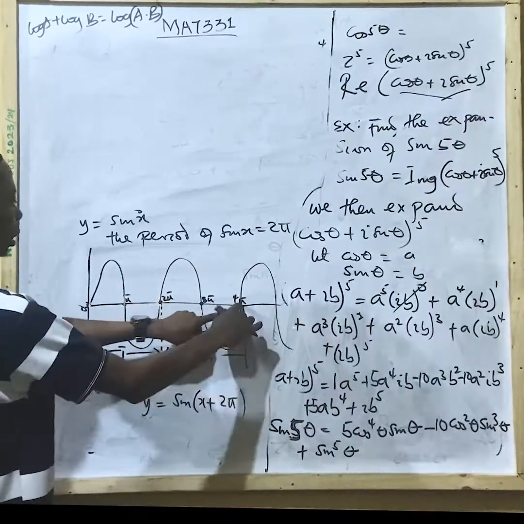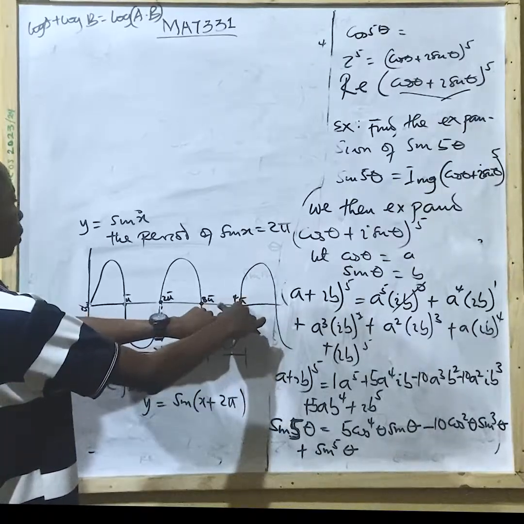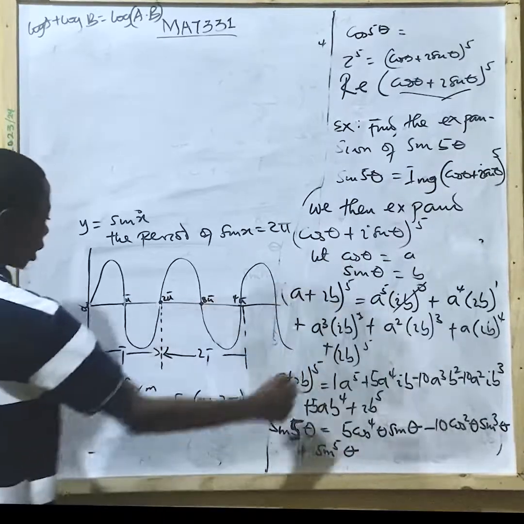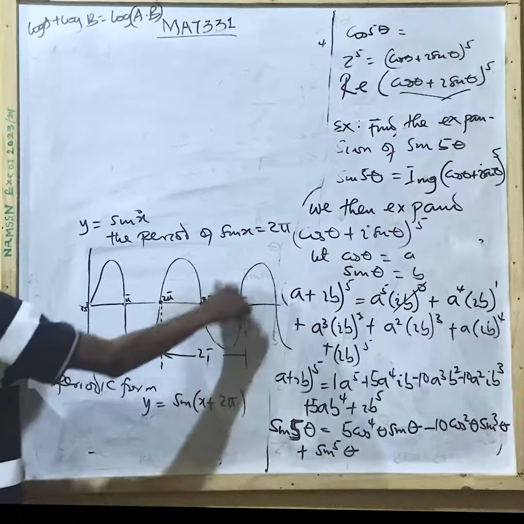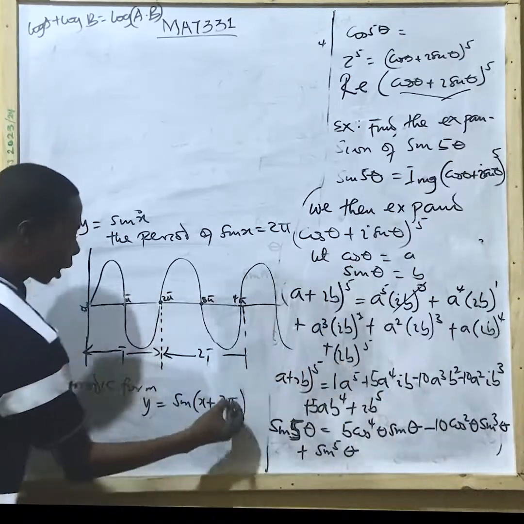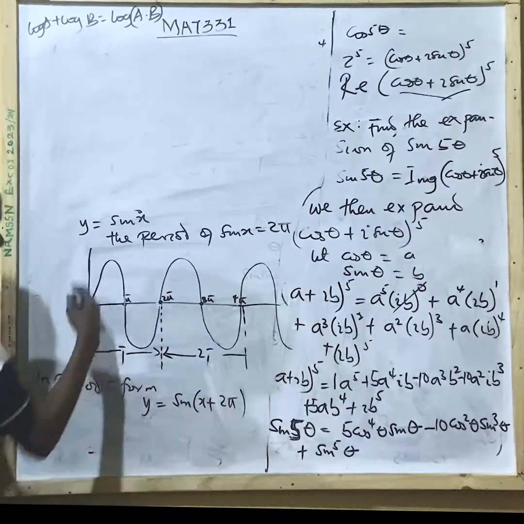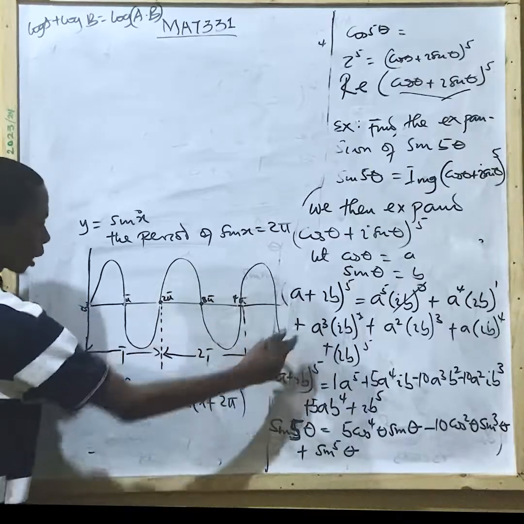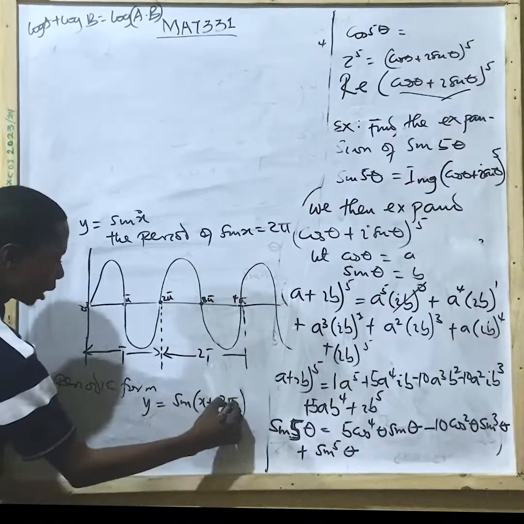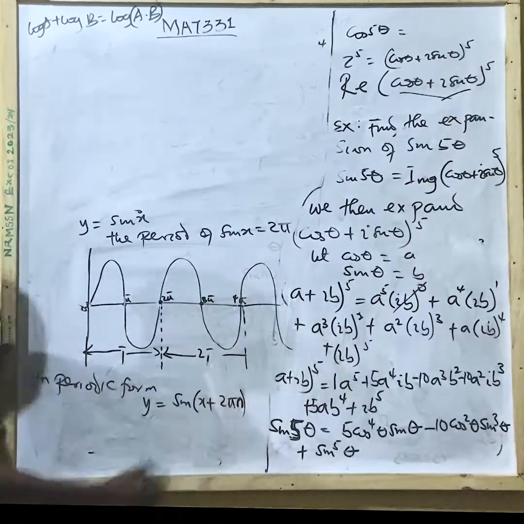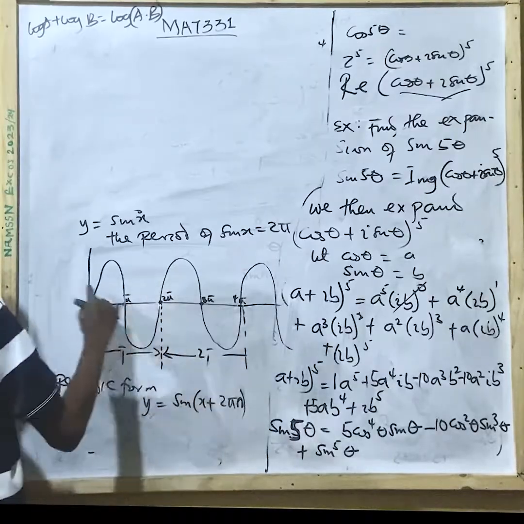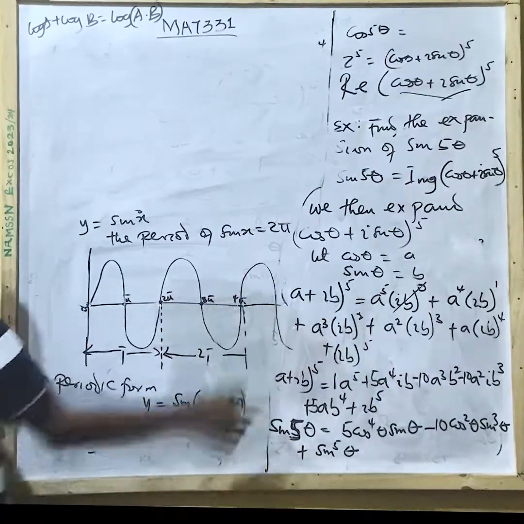Another complete oscillation, that's sine x plus 2 pi. Because I have an infinite number of oscillations, I will now generalize that if I have an infinite number of waves for sine wave, y will now equal sine x plus 2n pi, where n represents the number. Like this is the first one, the second one, the third one, like that.